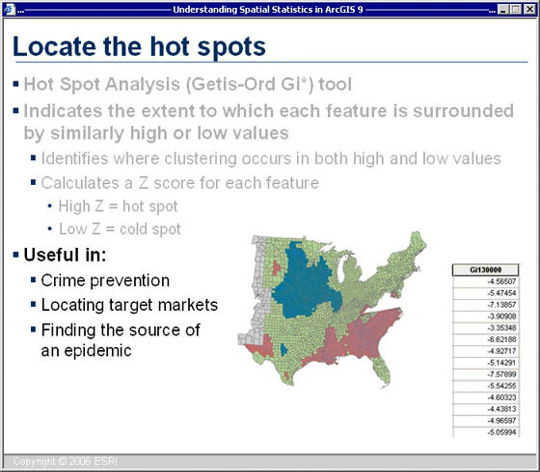An example we have for hotspot analysis uses mortality data for the eastern half of the United States. We wanted to know if there are persistent areas in the United States where people are either dying early or living longer than the average American. We used hotspot analysis to analyze 20 years worth of mortality data.